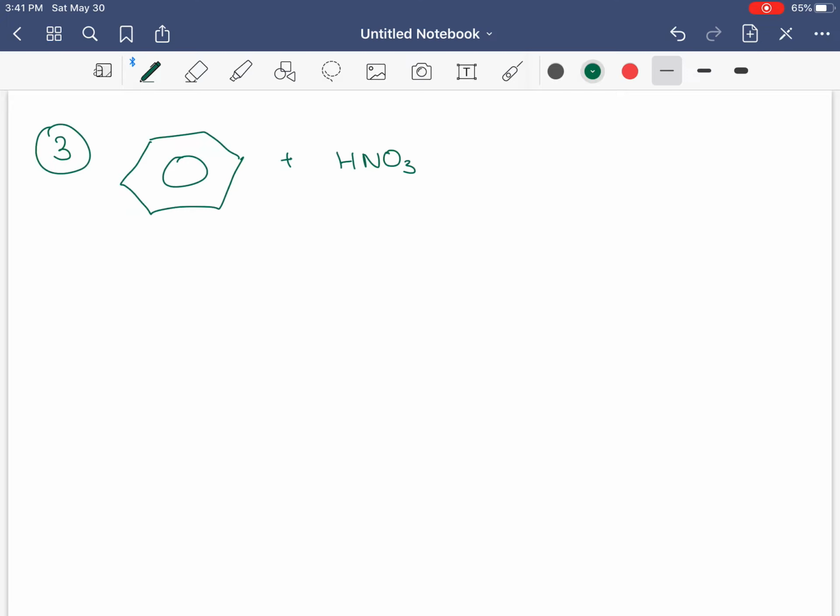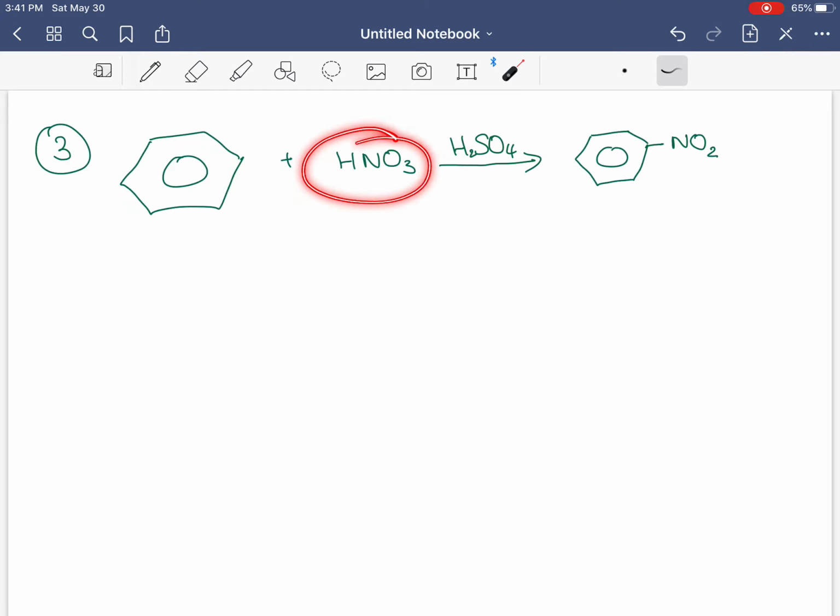The idea is very similar. You're under some sort of acidic condition, a strong acidic condition like sulfuric acid. If that's the case, a nitro group will break apart from the hydrogen. So these two are going to break apart.